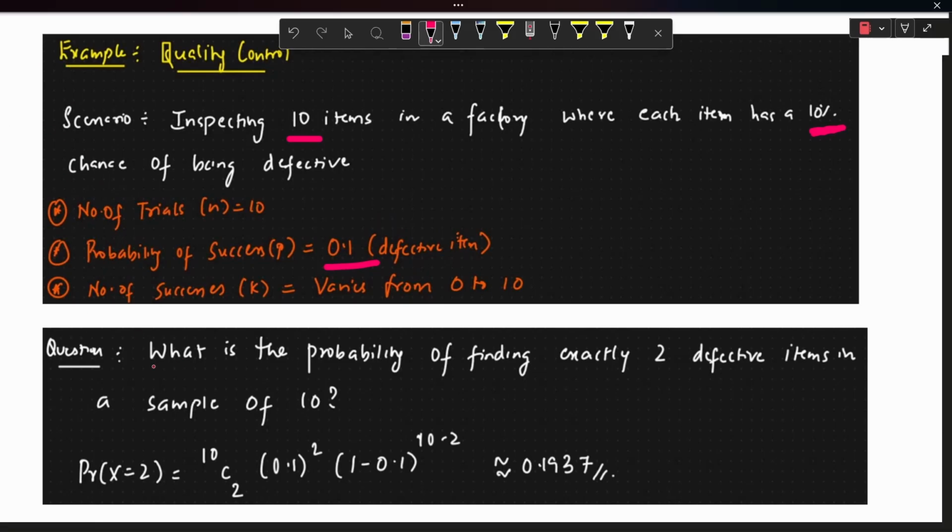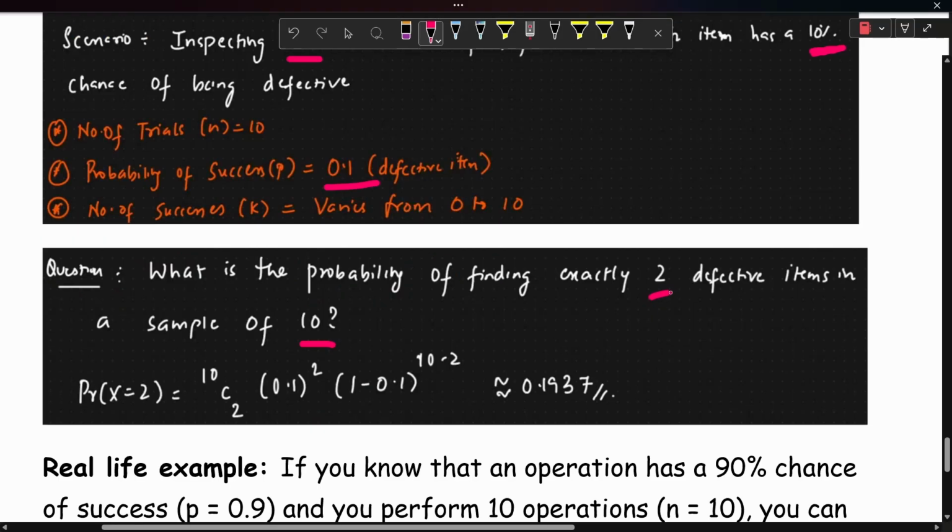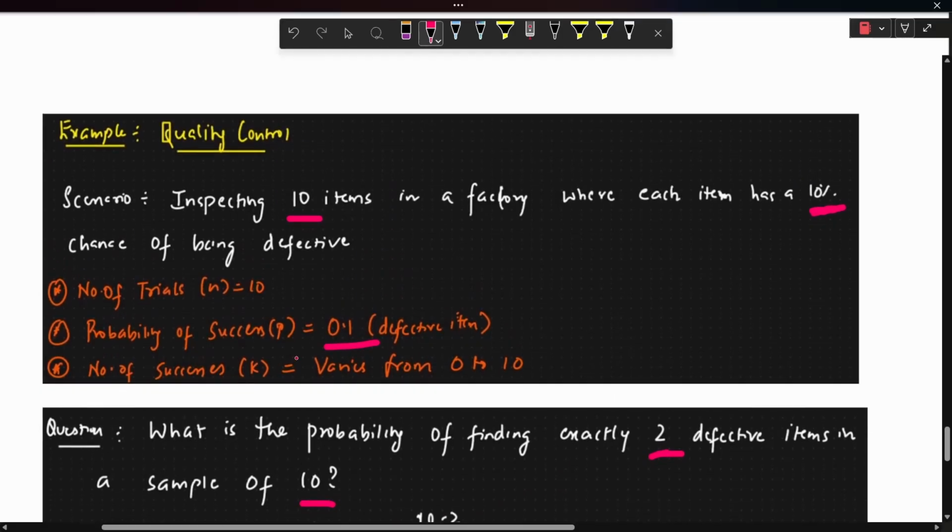We don't know. So we have to check what is the probability of finding exactly two defective items in a sample of 10 items. Here we have k, we want to see exactly two defective items. We can just substitute these values in the formula. nCk, n is 10, k is 2, and the probability of getting a defective item is 0.1.